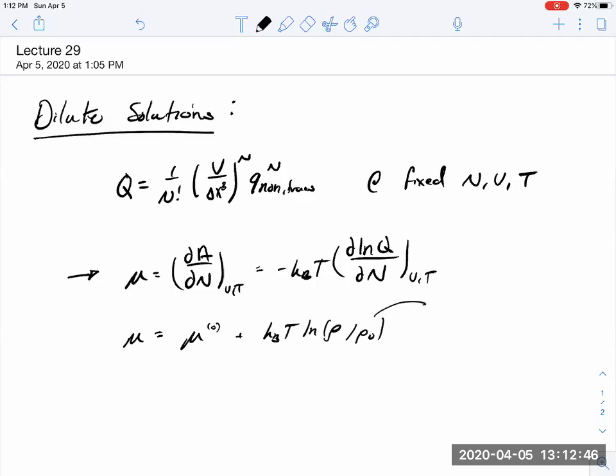So we call this rho naught some standard state density. And this chemical potential then is a standard state chemical potential.